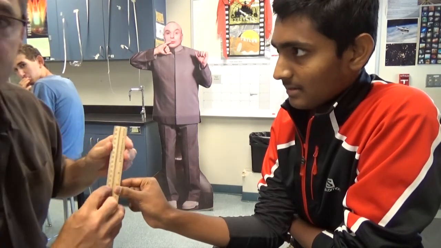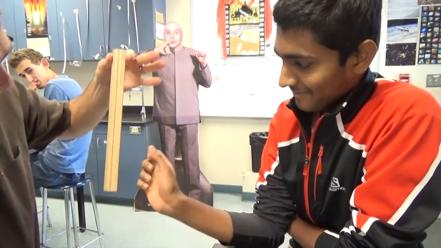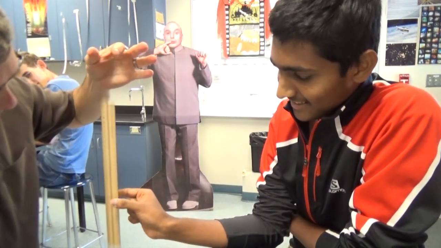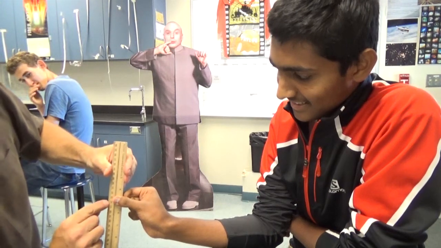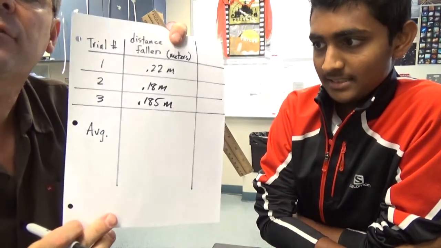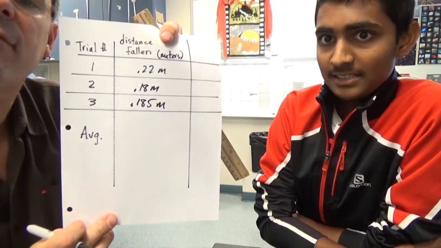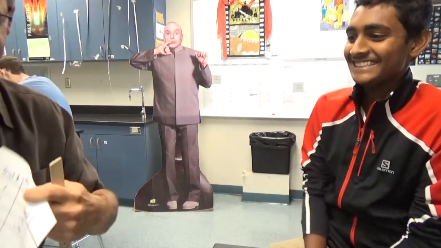Oh, we got a little better that time. 18. All right, and one more. 18 and a half. There we go. So I've recorded our data. We're going to take the average, and we're going to use our equations of motion to figure out what his reaction time is. Thank you, Advaith.